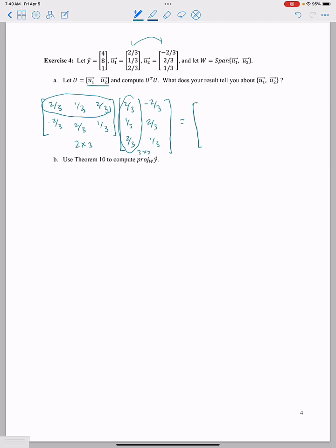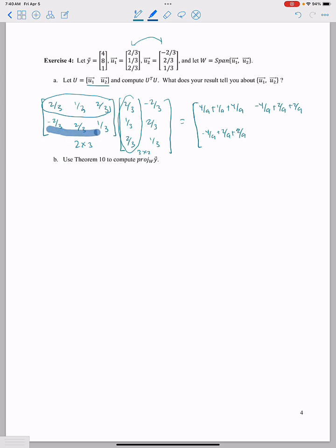So the first entry is 4/9 plus 1/9 plus 4/9, which is equal to 1. And if I keep going, I'd have negative 4/9 plus 2/9 plus 2/9, that is 0.